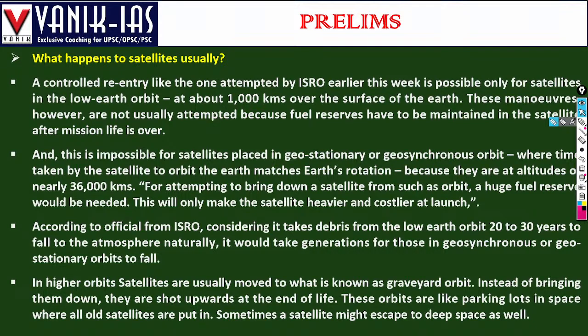This will only make the satellite heavier and costlier at launch, because bringing it from 36,000 kilometers altitude to the atmosphere for re-entry needs a huge quantity of fuel, which the satellite would have to carry, and that might increase the cost of the satellite to a considerable extent.